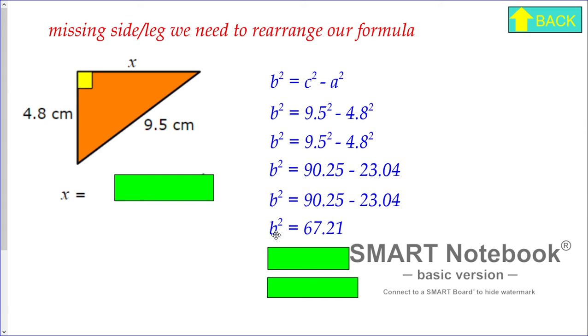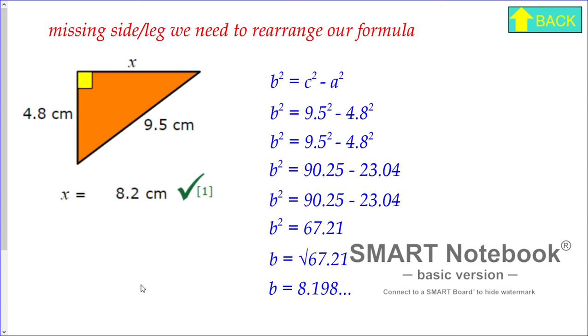And again, from here, the inverse operation is taking the square root of both sides. So we get b equals the square root of 67.21, which is 8.198, and in the question it asks you to round to 1 decimal place, and that is 8.2. Okay? So that's how you find a missing leg.